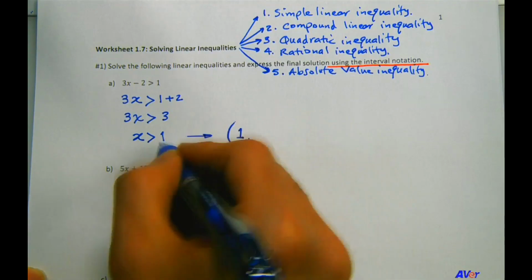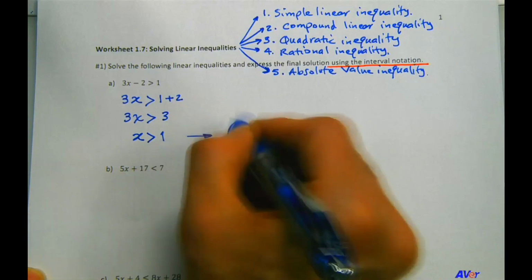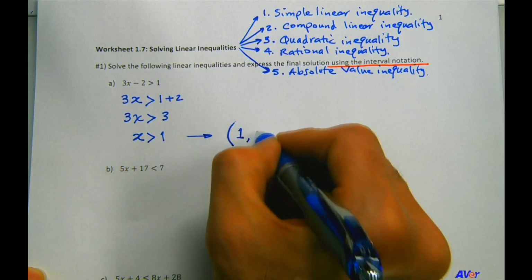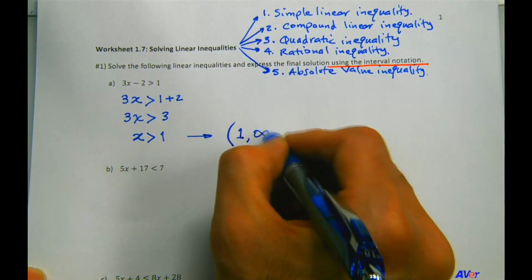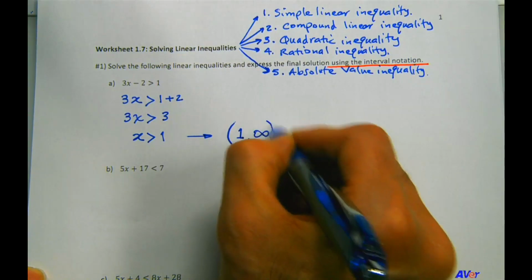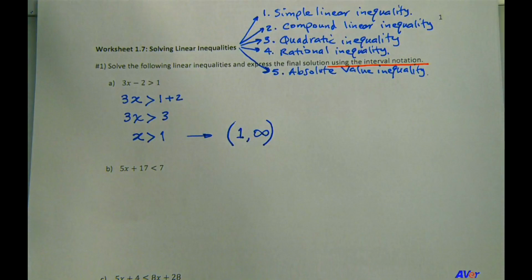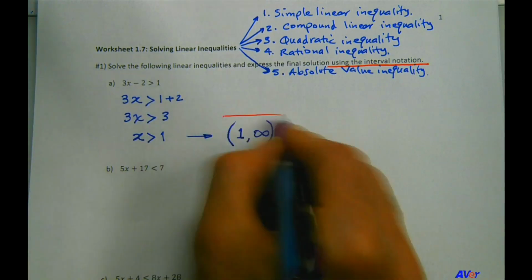If I wanted to include 1, I would put a bracket, but that's not the case here. So parenthesis 1 comma infinity, and the infinity side always gets the parenthesis, whether it's negative infinity or positive infinity, because infinity can never be included in any interval. By definition, infinity is not reachable. Okay, so this is our answer for this problem.